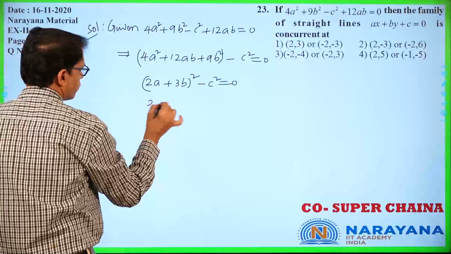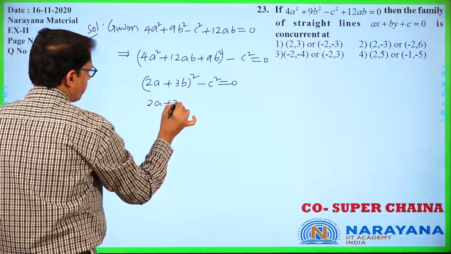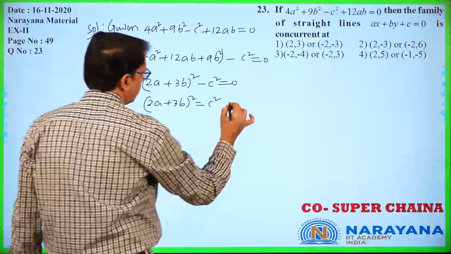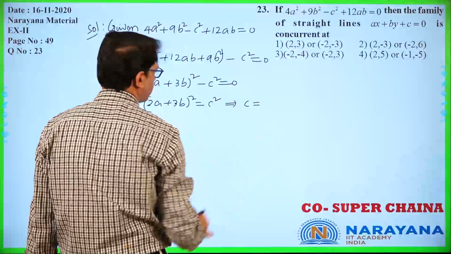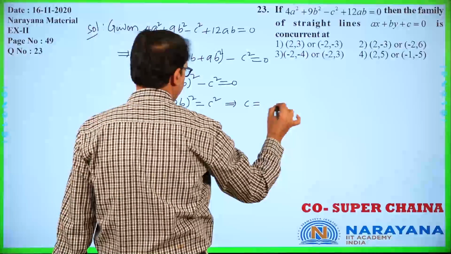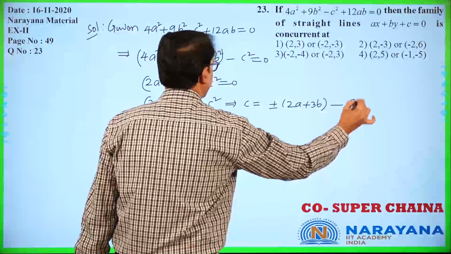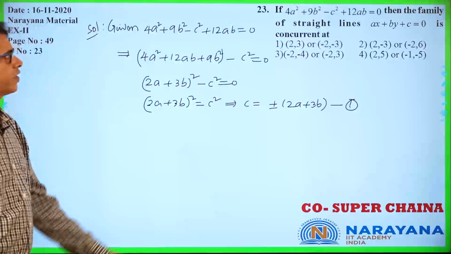From this, 2a plus 3b whole square equals c square, so c equals plus or minus (2a plus 3b). Now take the family of lines.